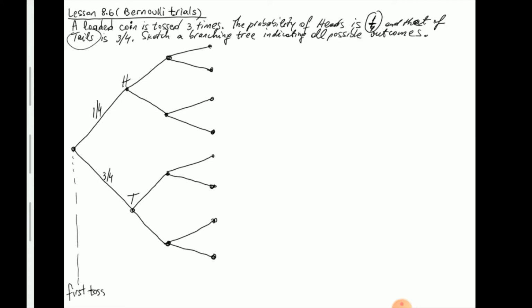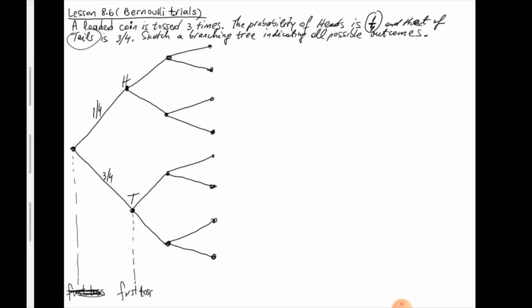Now notice that for each possible outcome in the first toss, you're going to have 2 possible outcomes when you move on to the next toss. So that's the root of the tree. This is the first toss, the one that results in either heads or tails.